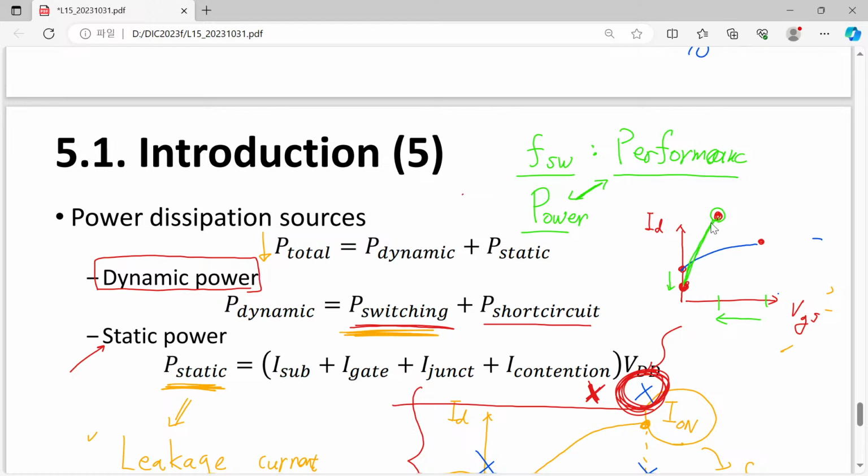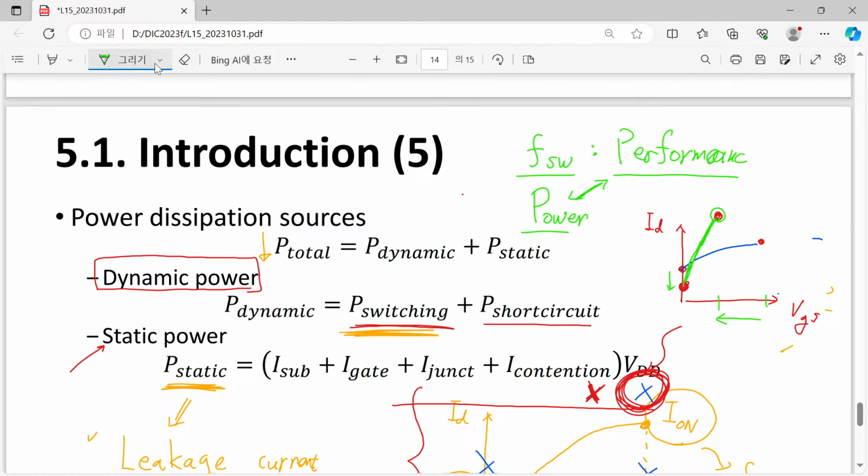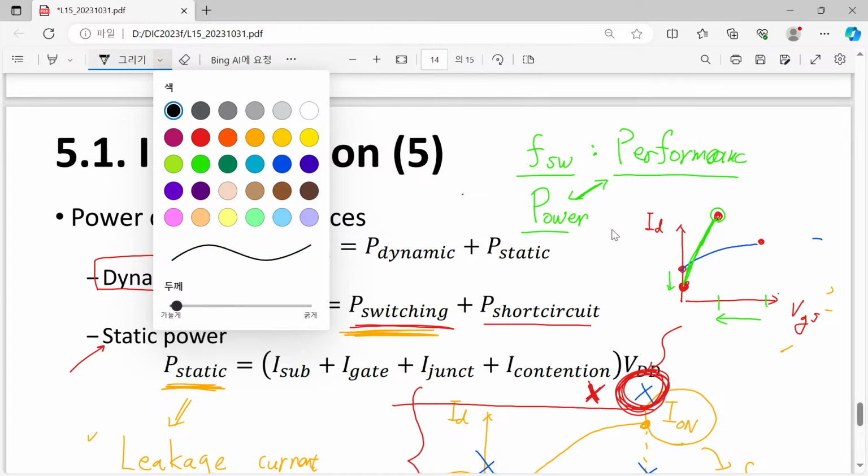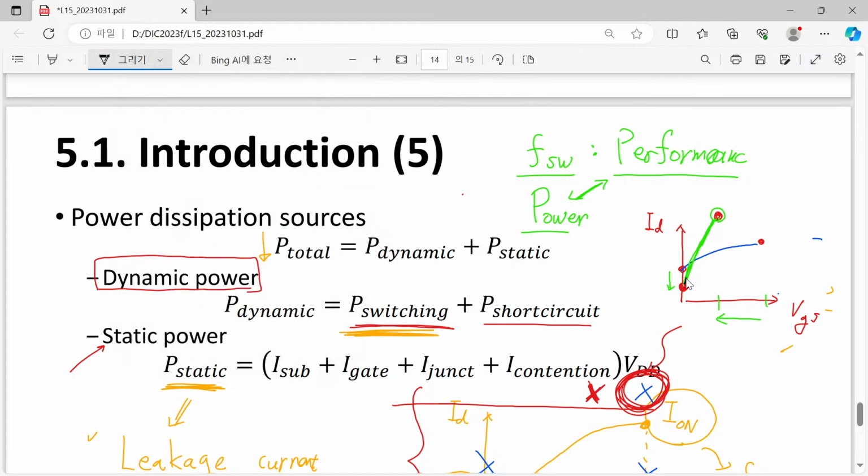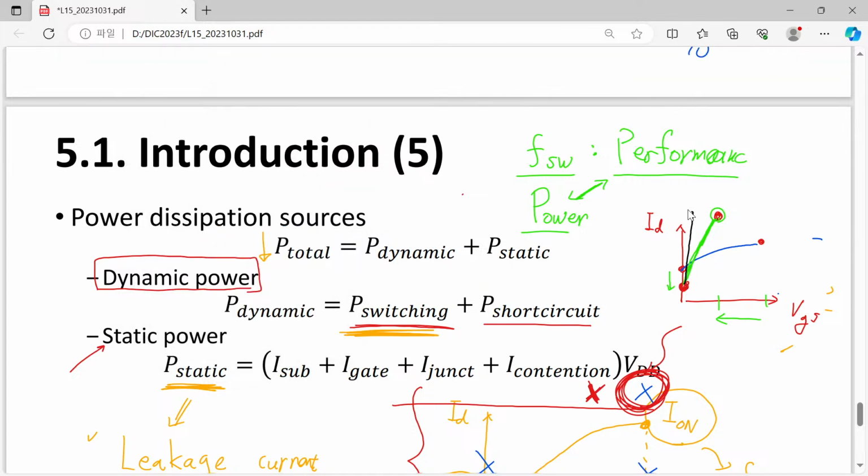However, my final question is, can you achieve this? A technology which has a very steep ID versus VGS curve. Why don't we just draw our dream more drastically, like this way? Wow, but it's not possible. Why?